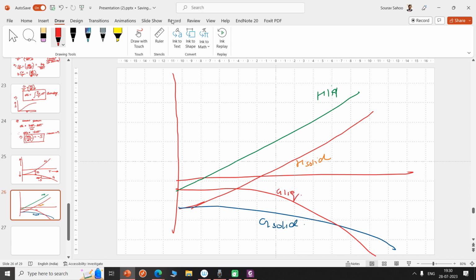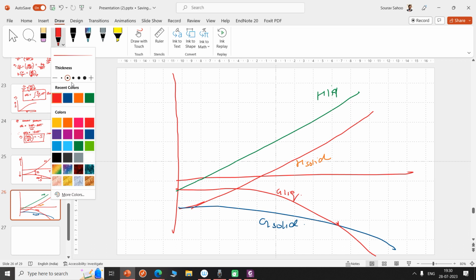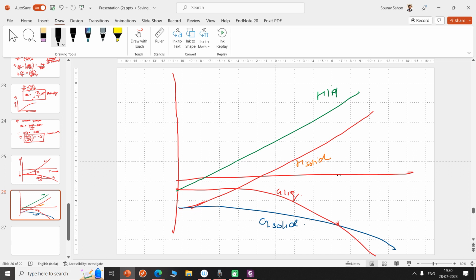Right. So the point where they intersect is actually the critical temperature of transformation, in this case solid to liquid melting. It's the melting temperature.